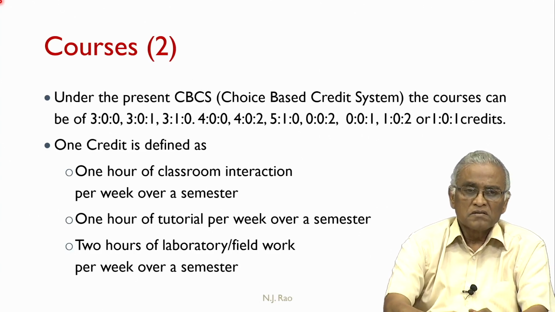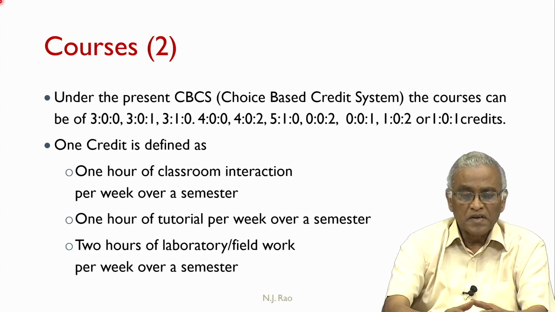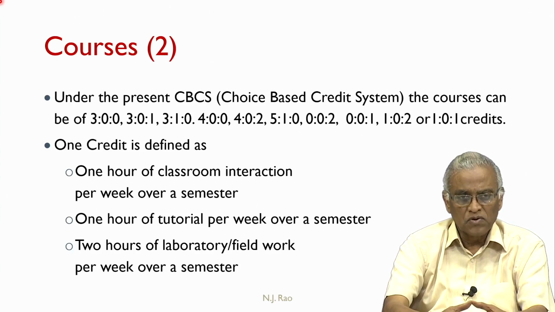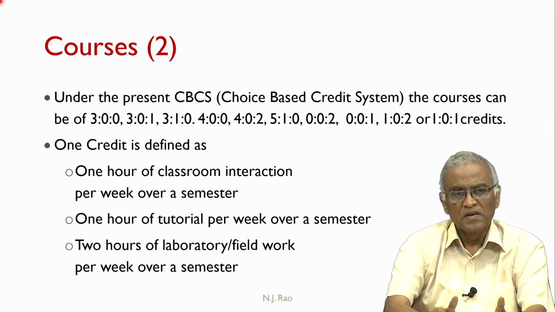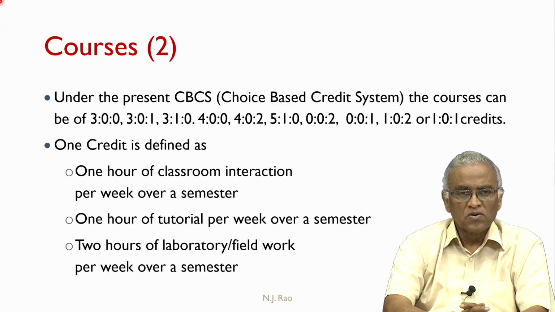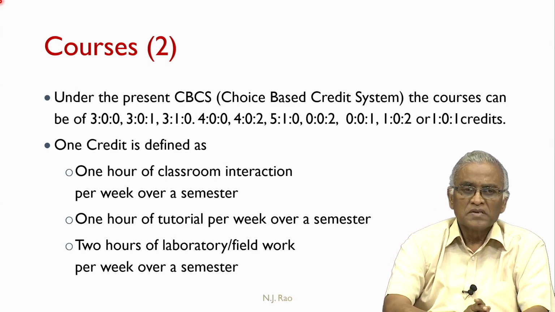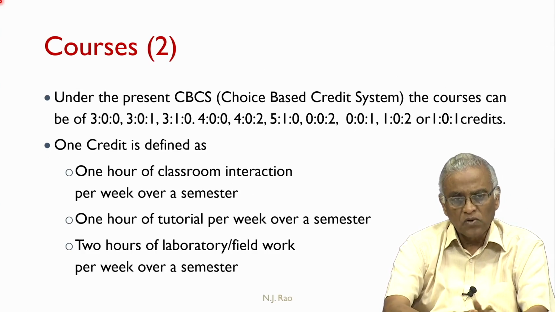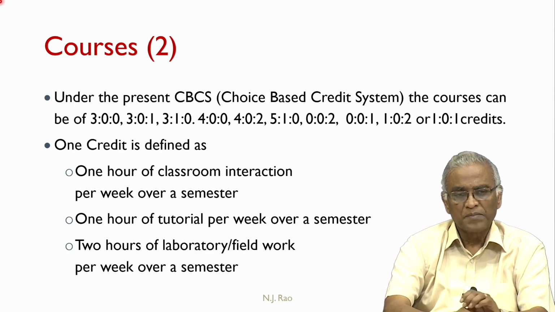Why is this important? Because the level of the content, the scope of the course or the amount of content dealt with in a course should be commensurate with the number of classroom hours of interaction. So, for example, I cannot have a 2:0:0 course and give them 70 classroom sessions. They are totally incompatible and against the UGC norm, though in some places it seems to be happening.